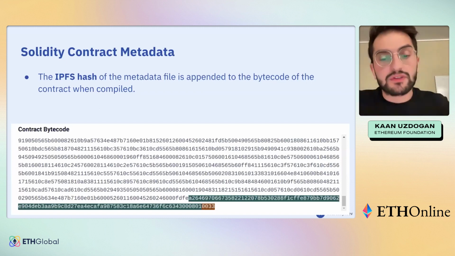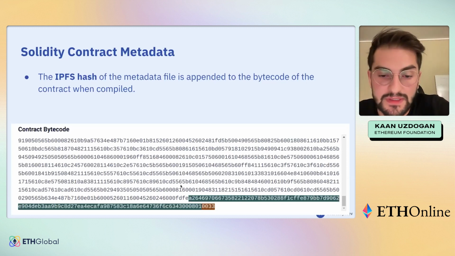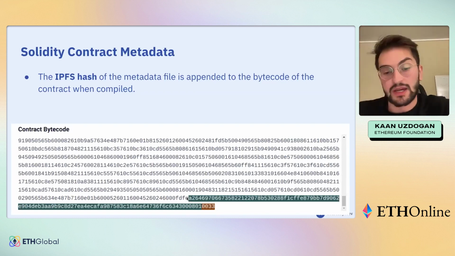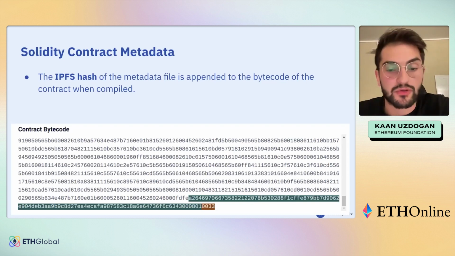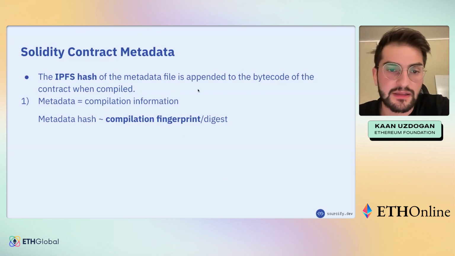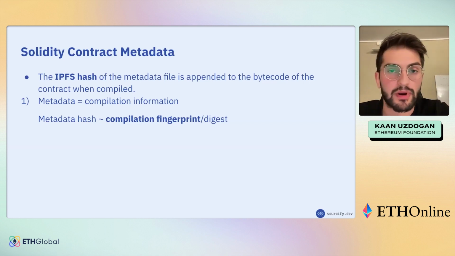So the Solidity compiler by default actually embeds this information along with several other pieces of information at the end of your bytecode, and this is also deployed to the blockchain. You can turn this off, but by default, this additional field is appended at the end of the bytecode alongside the functional part of the code that corresponds to the contract we have written. And this IPFS hash of the metadata file acts somehow as a compilation fingerprint or a digest of the whole compilation that you have done.